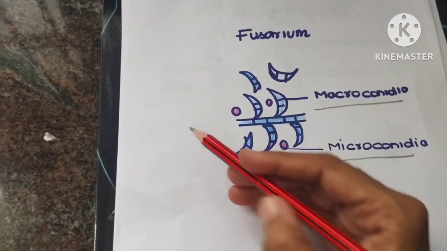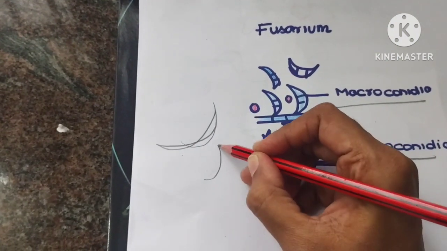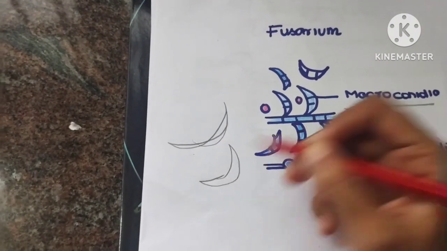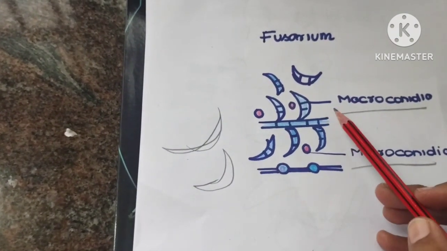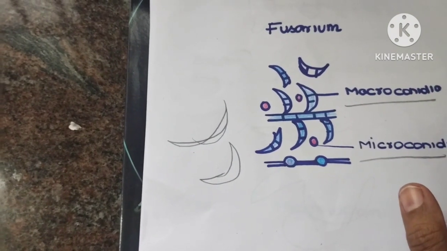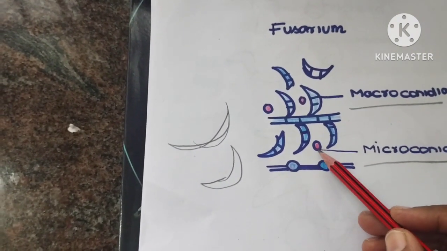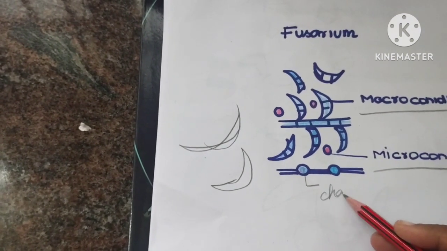Macroconidia will be sickle shaped, like this, or it can be like this. So if you are seeing sickle shaped macroconidia, you can make it out as Fusarium. And then there will be small round microconidia, and there will also be chlamydospores.